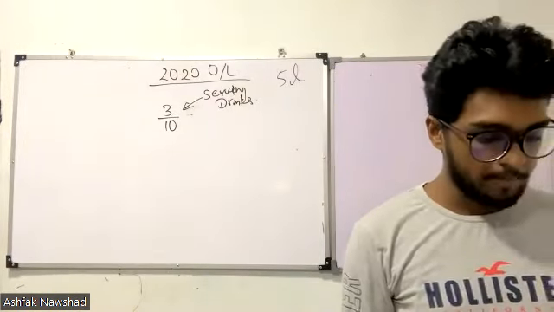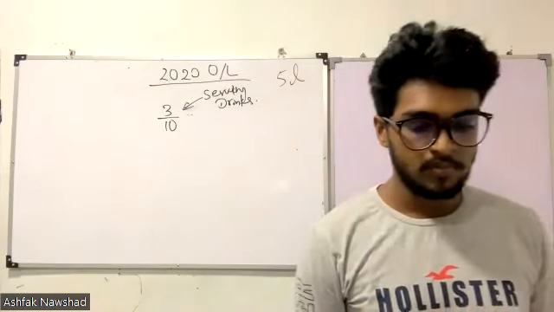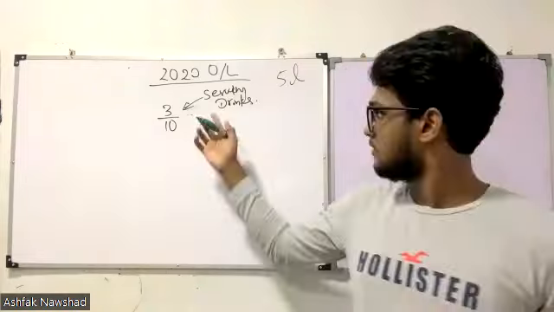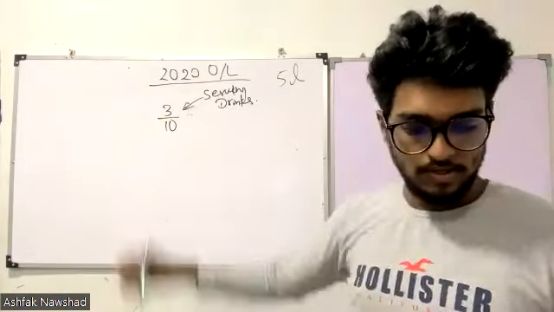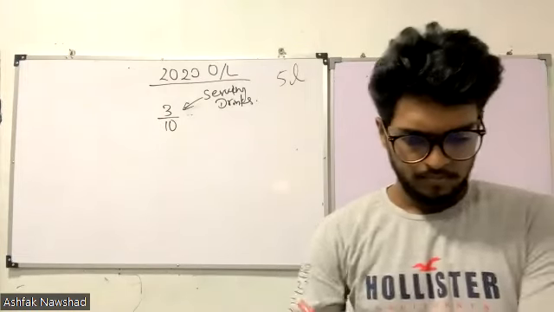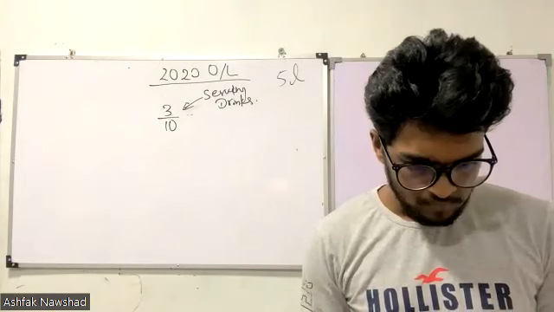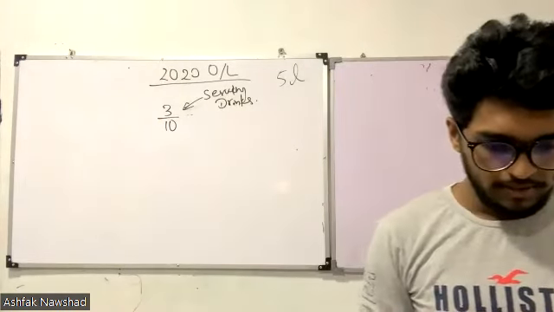Now read the first question, Roman numeral 1. What fraction of the capacity of the container was the amount of soft drink remaining? 3/10 is used, so what is remaining? Exactly.